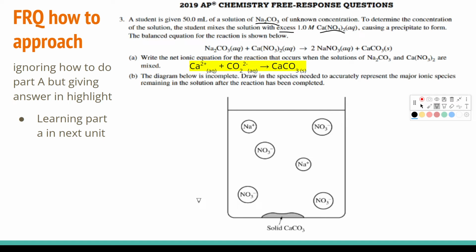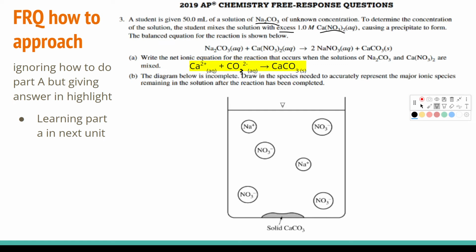Cool. So we have NO3 sticking around. We have Na sticking around. All of the carbonate is used in the... Oh gosh, I just realized I put CO2 here instead of CO3. Oh my gosh. Not proofreading.